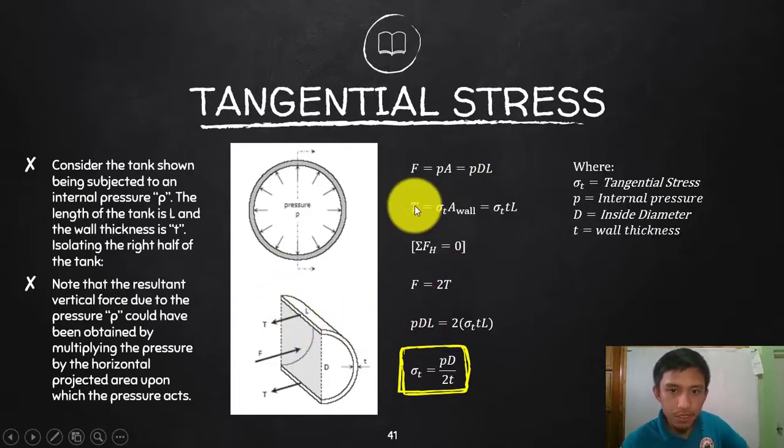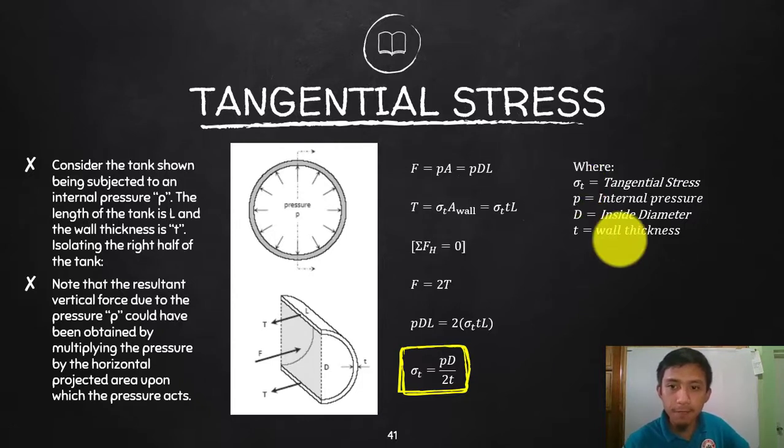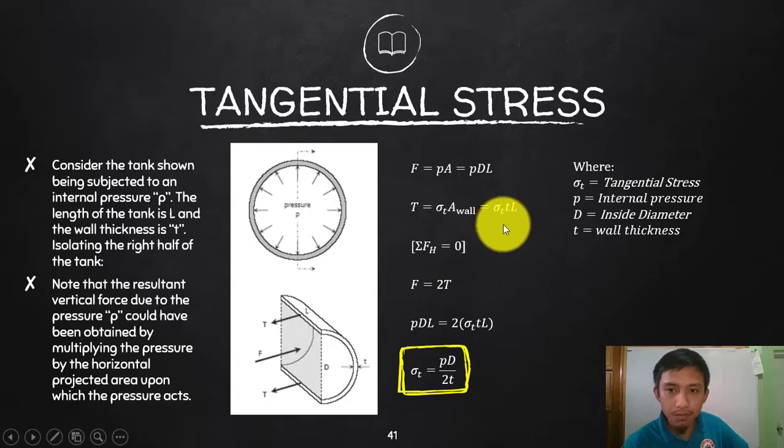So that force T is equivalent to sigma T. We put the sub T, which means tangential, but that is still a normal stress. Whatever that normal stress sigma sub T is, multiply it with the area, which is the thickness times the length, and that is the force T. Then, satisfying this equation, multiply that by 2, since there are two parts of that vessel experiencing the same stress, then you can equate and play around with that.